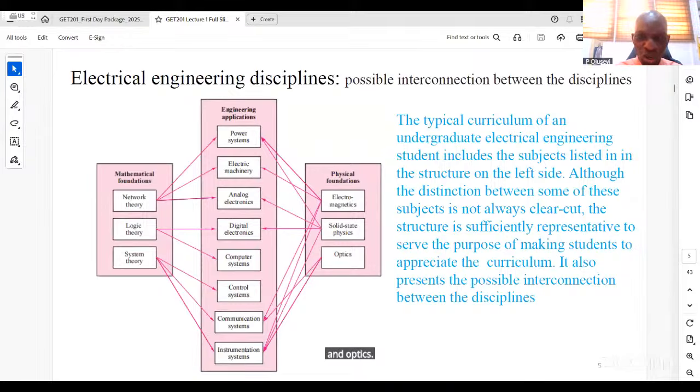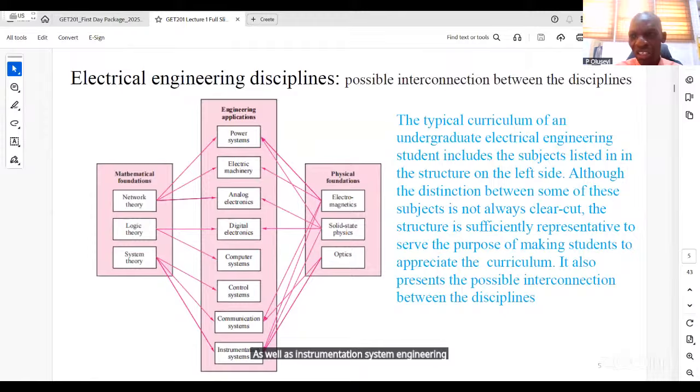And by the time this comes together, they are able to generate electrical engineering applications for power systems, electrical machines, analog electronics, digital electronics, computer system engineering, control systems engineering, communication systems engineering, as well as instrumentation system engineering.